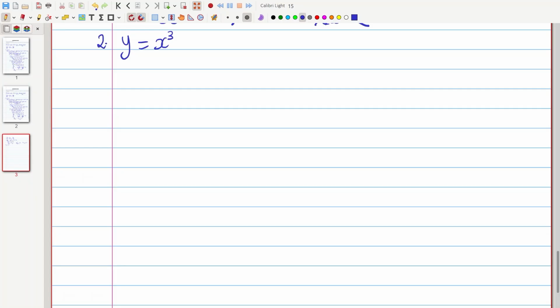So we're going to be reminding ourselves of the formula, which is dy/dx is the limit as delta x tends to 0 of delta y all over delta x.